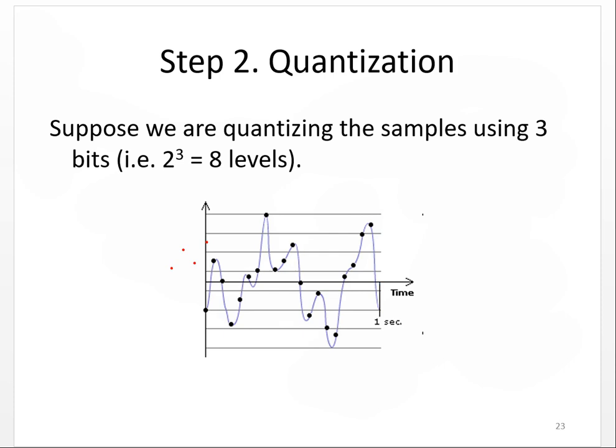What we are going to do: if this value is roundabout, let's say this value is 1.2, what we can do is round off this value. We can say it can be 1.5, or we can say it can be 1. We make it round. So in quantization, that's the basic method of how we can quantize.